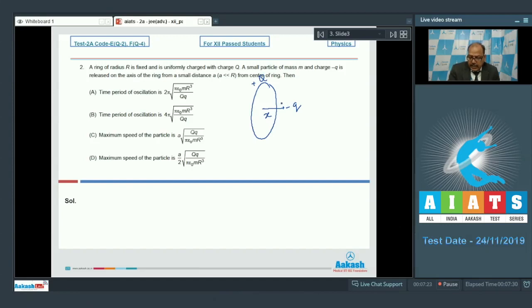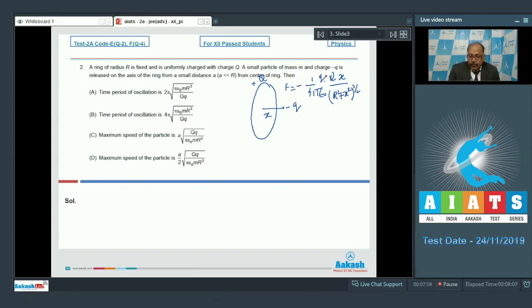So the electrostatic force applied by the ring on the particle is F is 1 by 4 pi epsilon naught, Q into x divided by (r square plus x square) to the power 3 by 2, into minus q. So we put a minus sign here and the small q is coming over here.